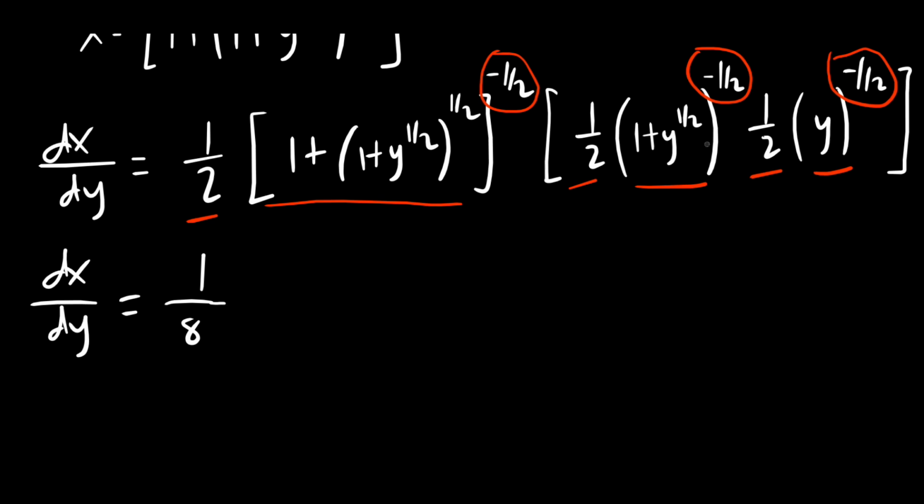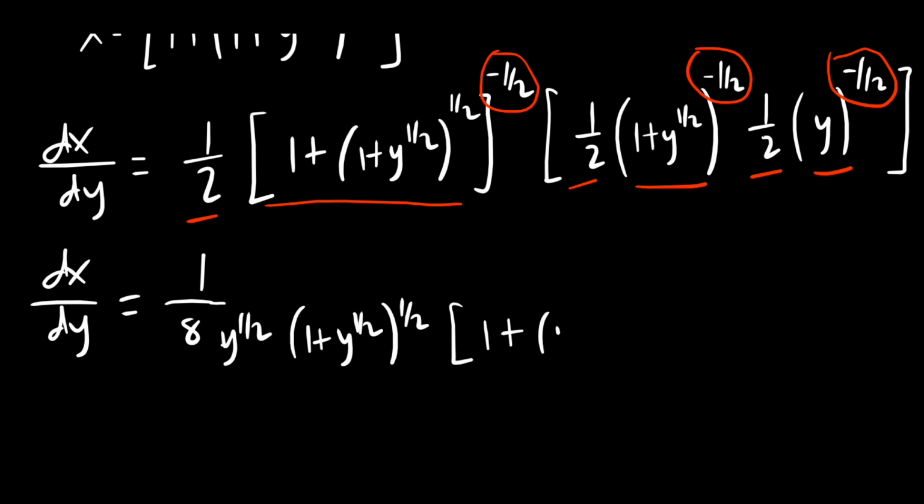So we'll try to arrange this: y raised to 1 half multiplied by 1 plus y raised to 1 half, raised to 1 half. So the biggest square root, 1 plus y raised to 1 half, raised to the power of 1 half, and then raised to the power of 1 half.